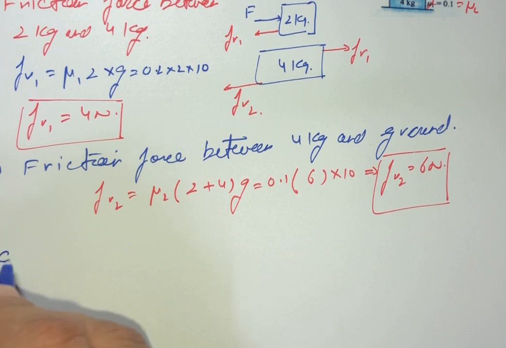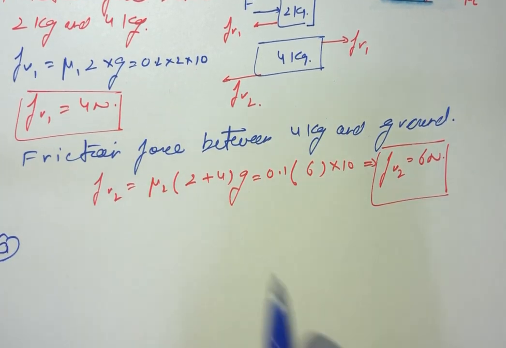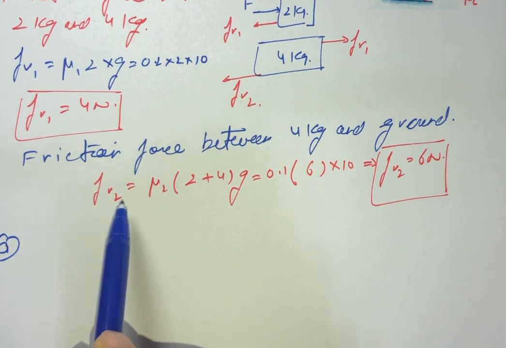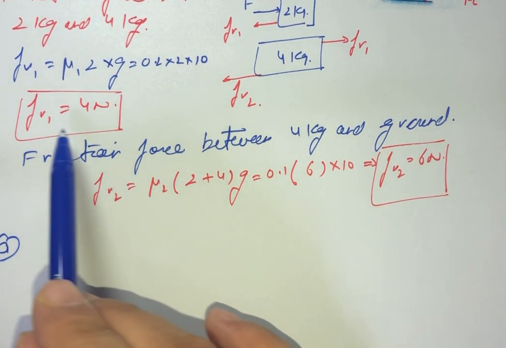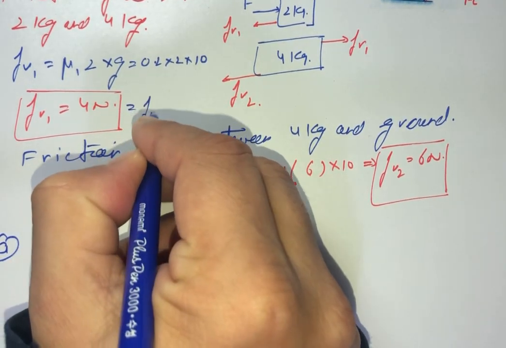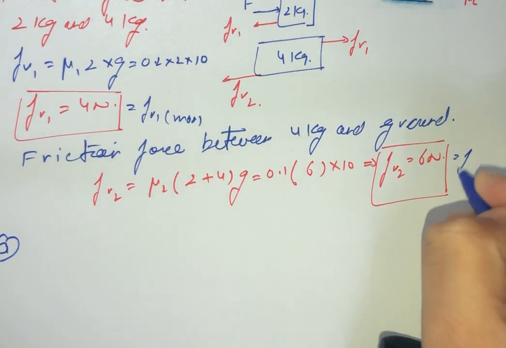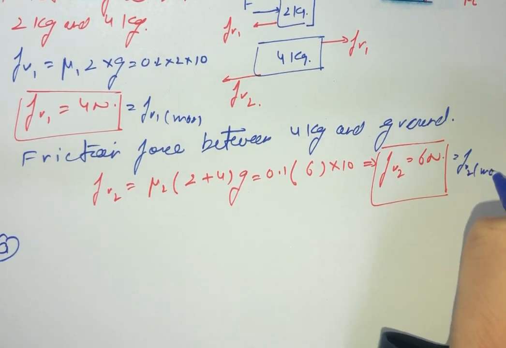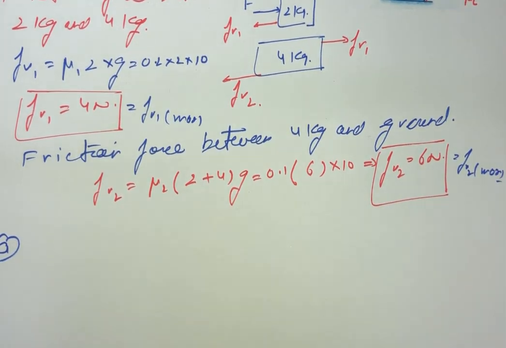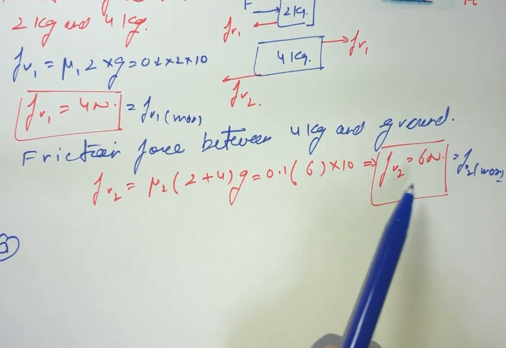So in the A part, we are going to make the comparison between the limiting friction, Fr1 max and Fr2 max. So we are going to make a comparison between the maximum value or the limiting value of Fr1 as well as Fr2.